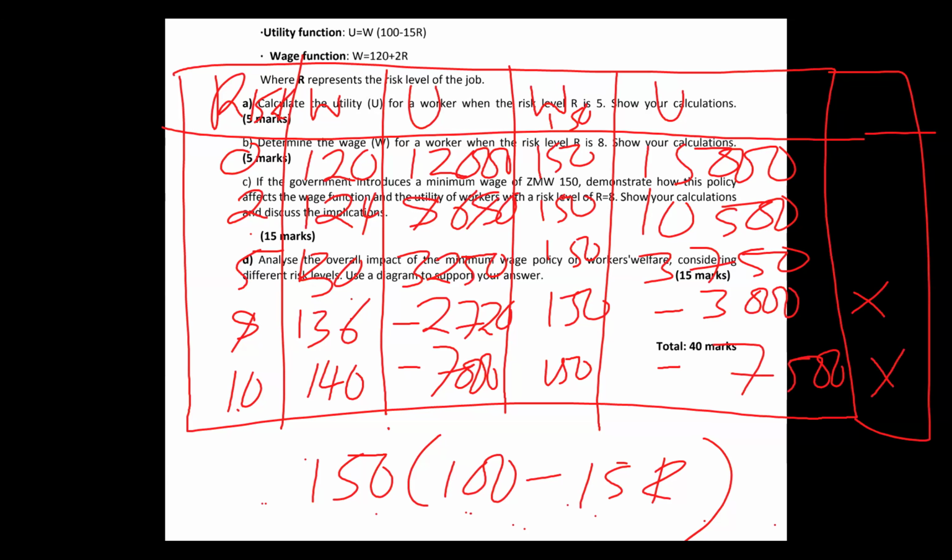You're following, right? But up to here, 150 is good up to the level of risk 5, isn't it? A minimum wage makes sense. But as the risk goes beyond 5, you've seen what happens. After 5, it doesn't make sense, given the utility we get. You get the point, eh?